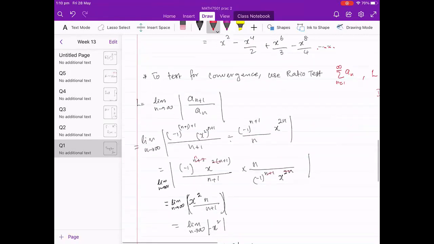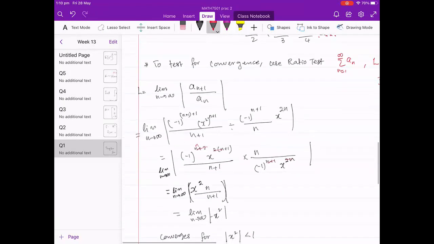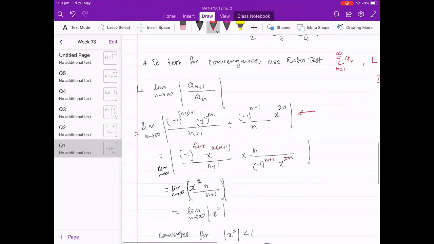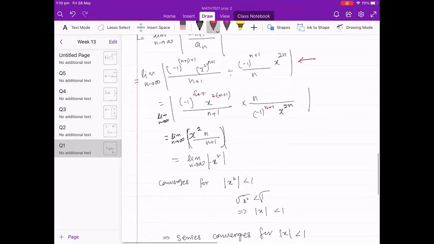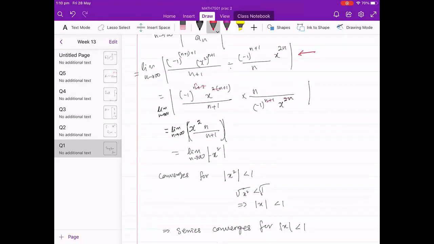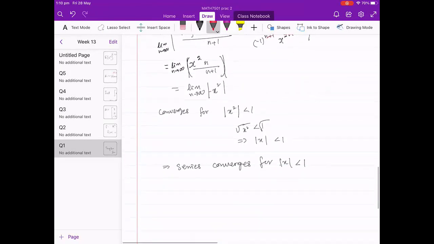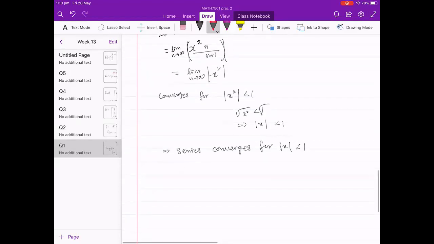Computing the ratio a_(n+1) over a_n, I got this part here, which simplifies to x squared, and the absolute value of x squared simplifies to the absolute value of x.